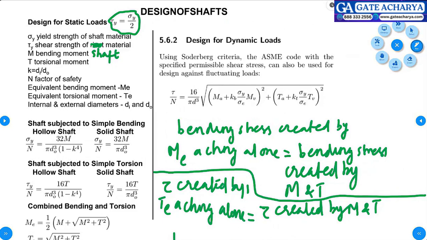Equivalent, it should be equal. So here I'll write equivalent bending moment. This will be.